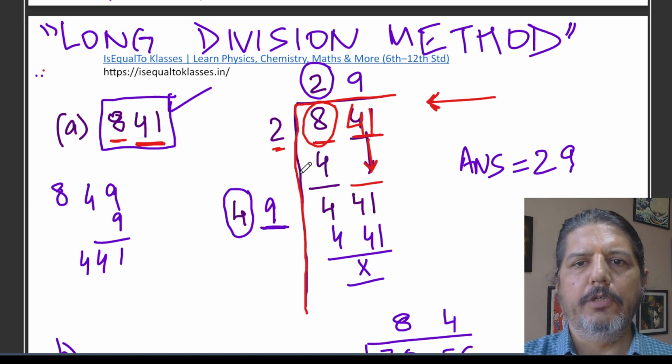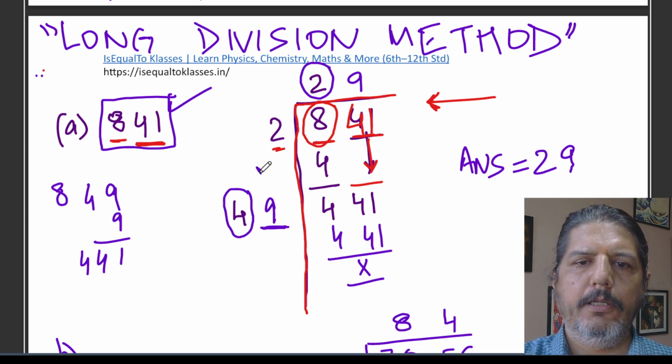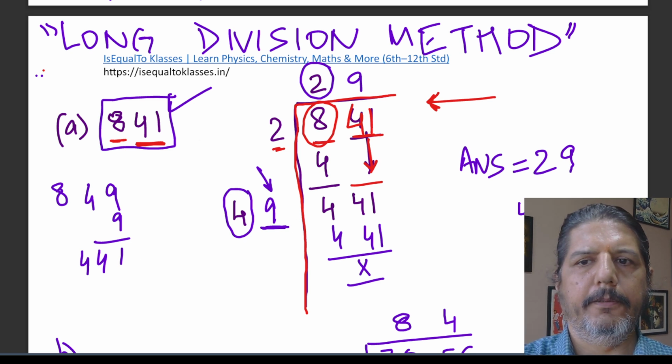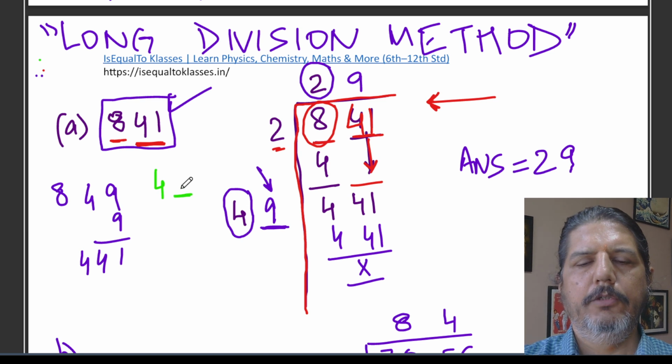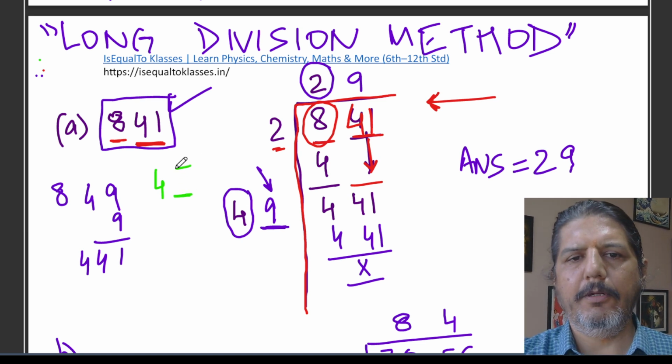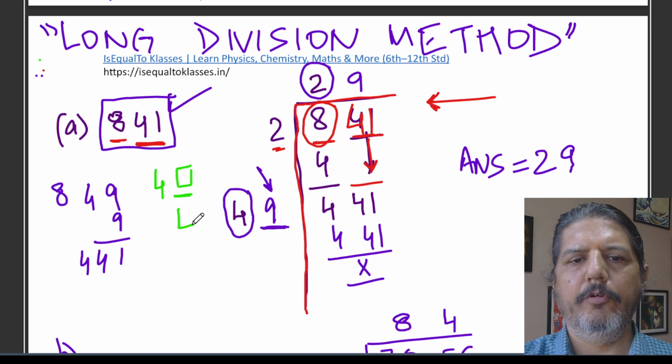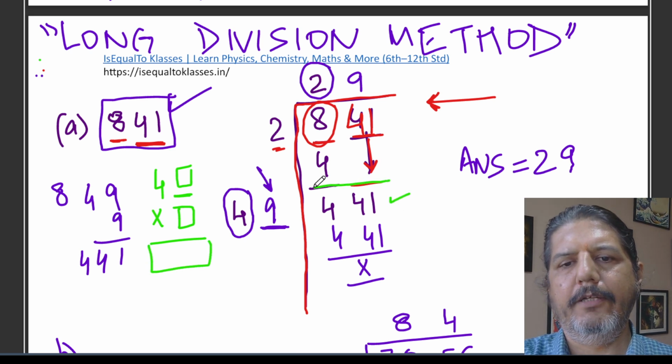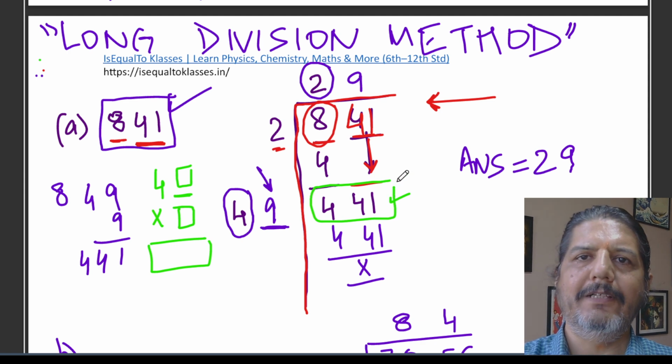In the blank space, you have to put a number, for example 4 blank, such that the same number is multiplied here, and the result should either be equal to 441 or less than that.